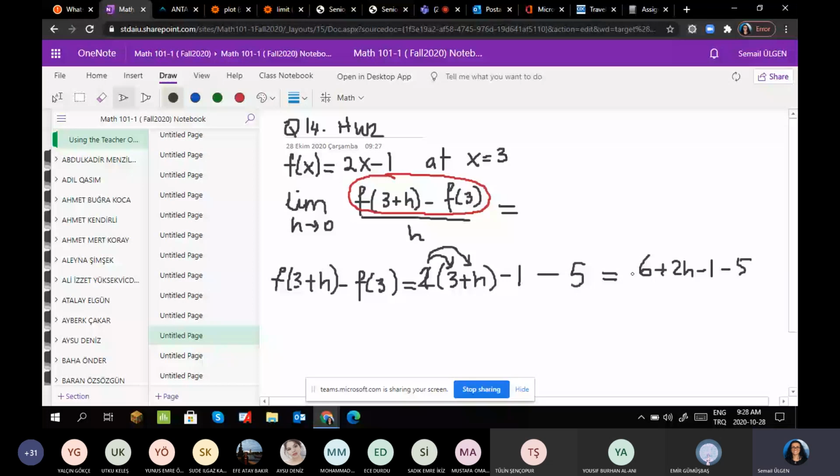This cancels with this, and the answer is 2h. I put that up here: limit as h goes to 0 of 2h over h. Of course, h cancels, and the answer is 2.